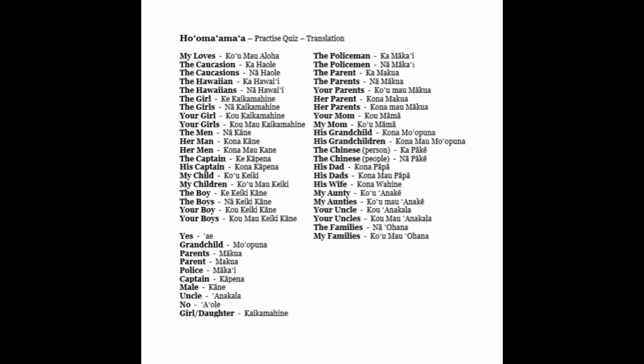Or the men, nā kāne, the men, so there's more than one. Ke kāne would be the man. Or child, the child, remember, the child is ke keiki. My child is koʻu keiki. My children is koʻu mau keiki.